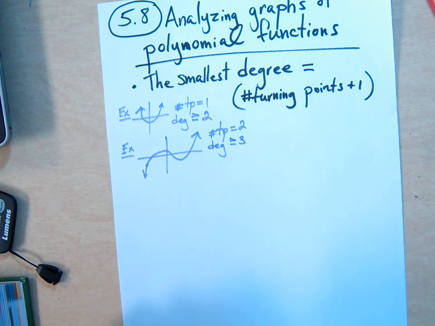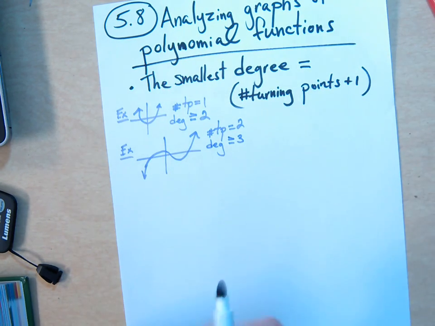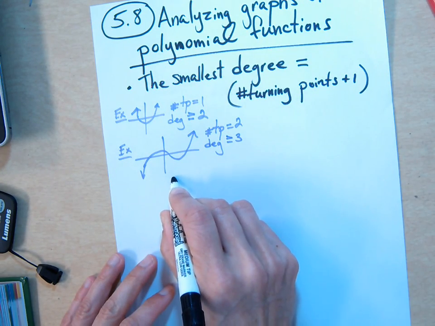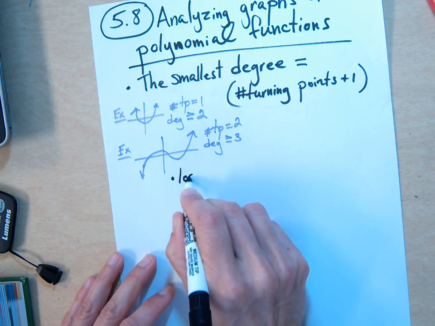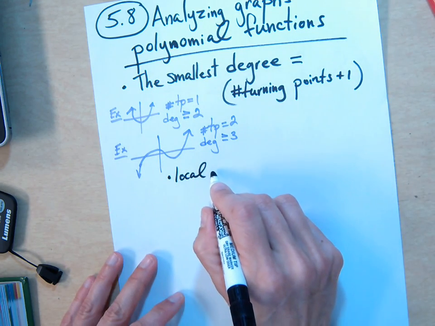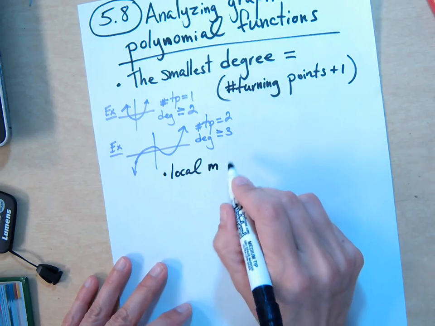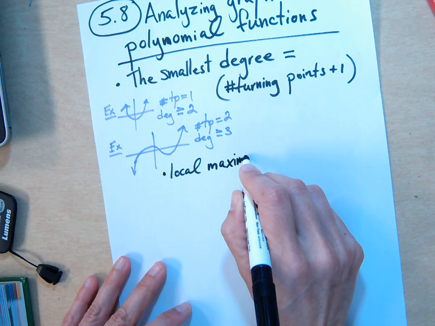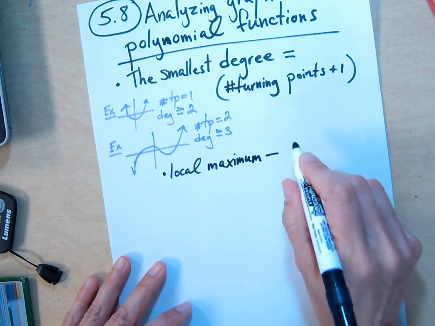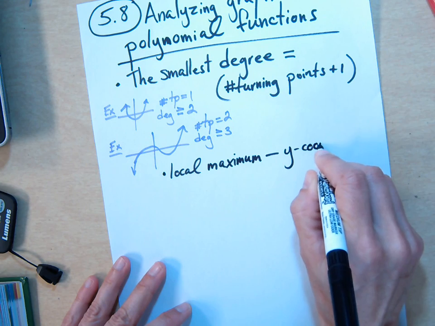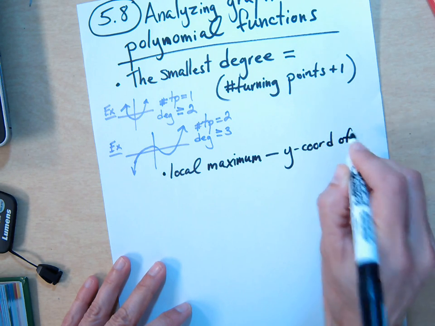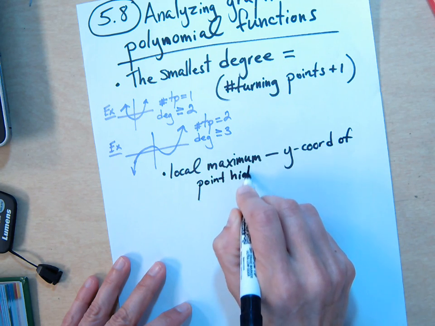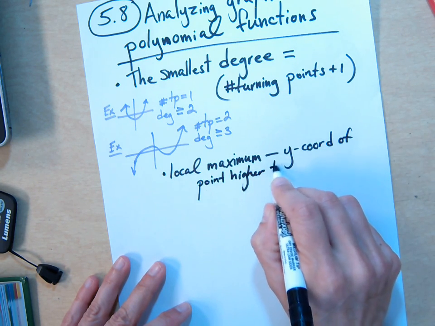Then there's this other thing called the local minimum and maximum, which we're going to use to answer real questions in a second. So here's the definition of a local, and then you tell me why you think it's called local. It's not because it lives in Cupertino, it's something else. A local maximum is the y-coordinate of the point higher than the nearby points.